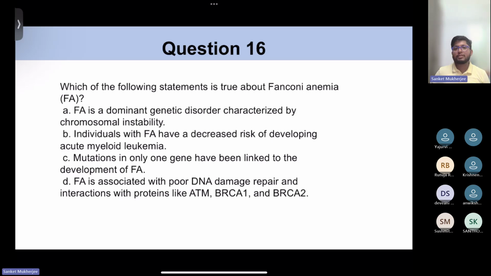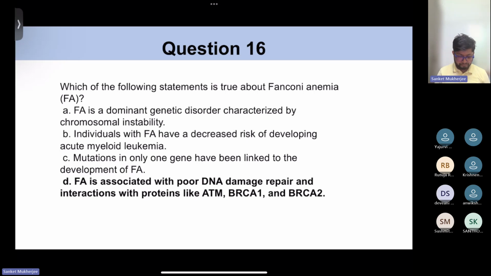If you read about this in detail in the lecture slides, you can find the answer. Anyone would like to answer? Option D. That's correct. Absolutely correct.